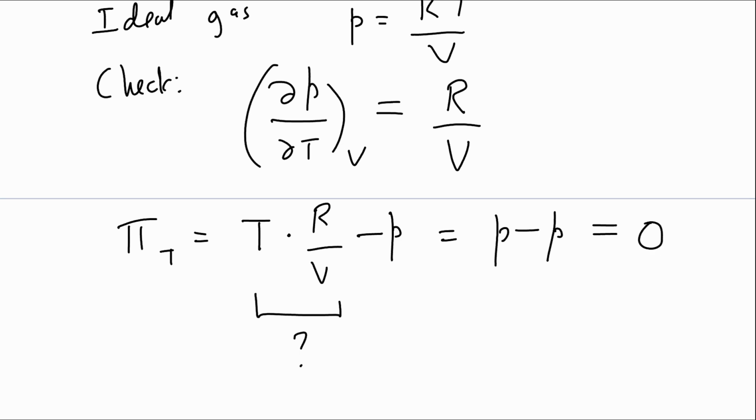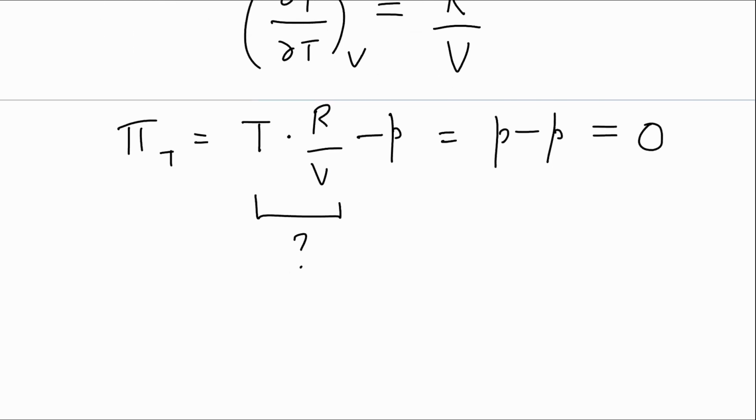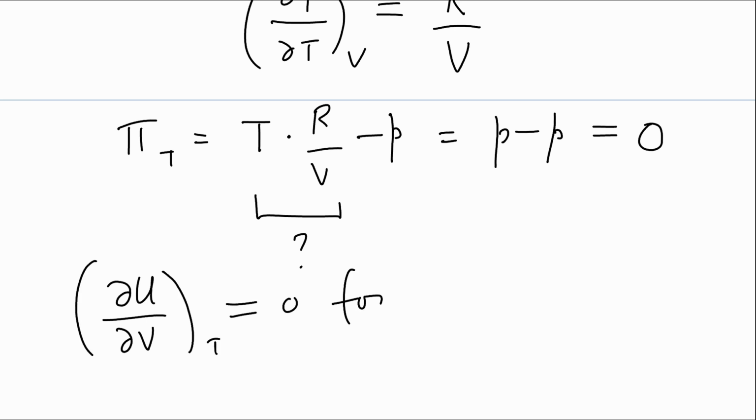Is that positive or negative, or is it equal to 0? I have to put the equal to 0. So I showed the thing that we already knew, which was dU/dV at constant T equals 0 for an ideal gas.